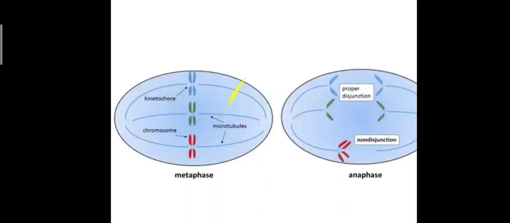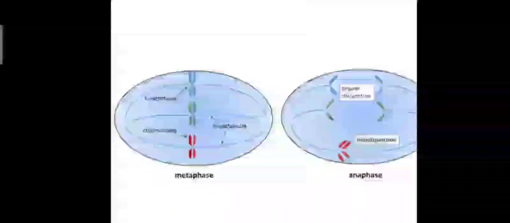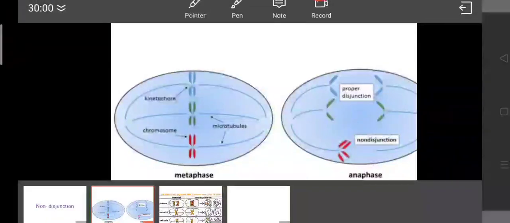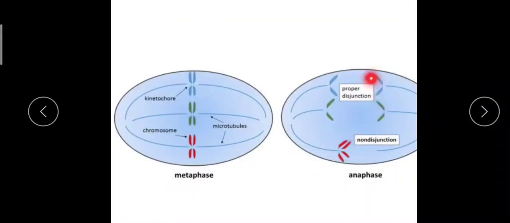See, this figure explains non-disjunction. Here you can see this is a cell in metaphase and this is a cell in anaphase of cell division.